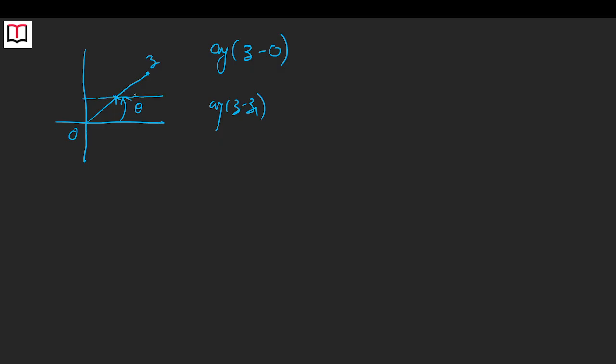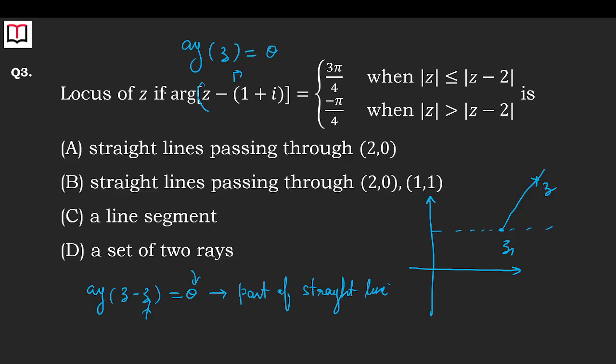So now draw a horizontal line passing through Z1, and then argument of Z minus Z1 means from Z1 towards Z, the directed line segment from Z1 towards Z, the angle which it makes with the positive direction of real axis, or any horizontal line passing through Z1 is parallel to the real axis. So that's your argument here. So argument of Z minus Z1 is equal to theta, let's say theta 1. So that's your theta 1 here. So that's the logic we'll be using here.